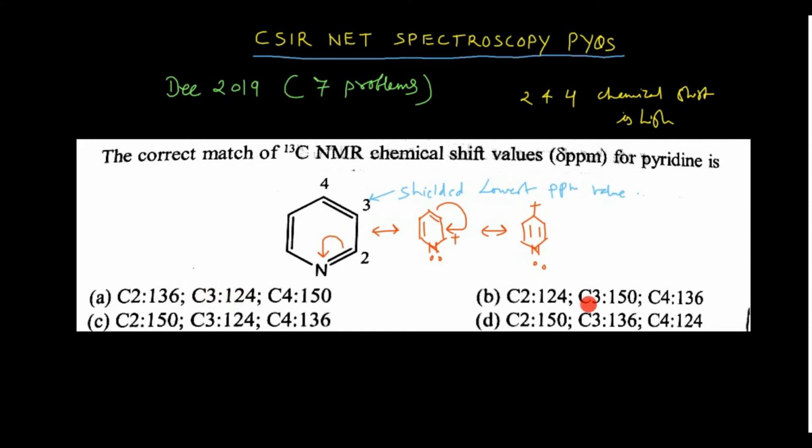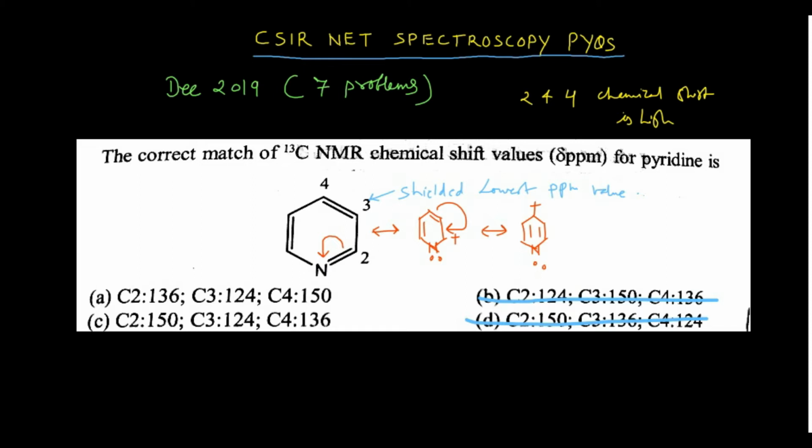But in option B, C3 is 150, so B cannot be your answer, and you can remove it. Going further, C3 has 124, so it can be your answer; A or C could be the answer. But for D, C3 is 136, which is higher than 124, so D also cannot be your answer. You can remove that too. Now you have to select between A and C, and see which one is correct.